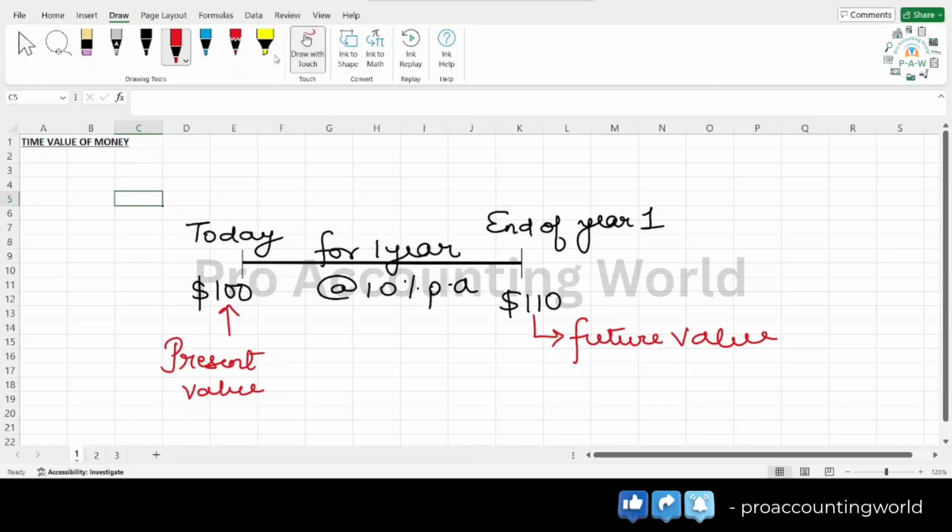Now, guys, if you have the present value, you know for how long you want to invest, and you know the rate of interest, so from today, if you are calculating the future value, this process is called compounding.